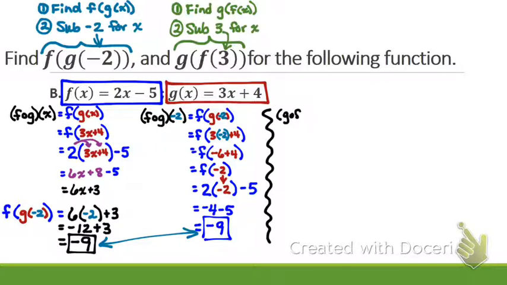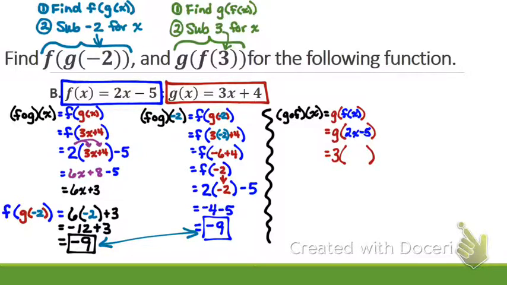So G of f of x means my function g goes on the outside. F is my inside function. My function f of x is 2x minus 5. So I'm going to put that into the function g in the place of x.